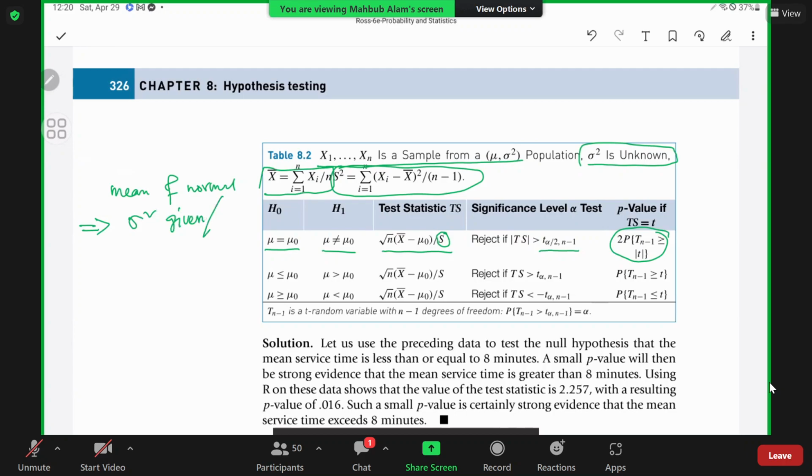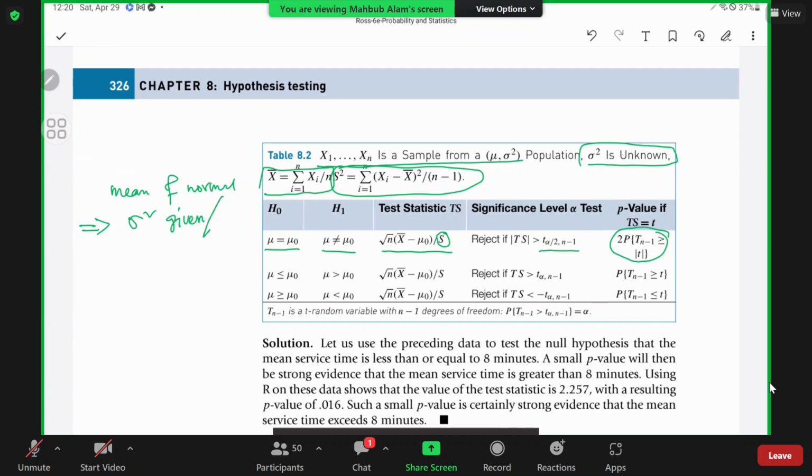Since the variance is not given, the test statistic is x bar minus mu divided by s over square root of n. Here x bar is 353.8 and mu is 350, so the difference becomes 3.8.